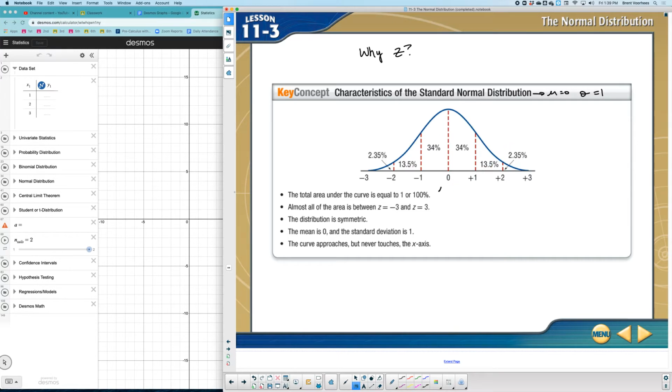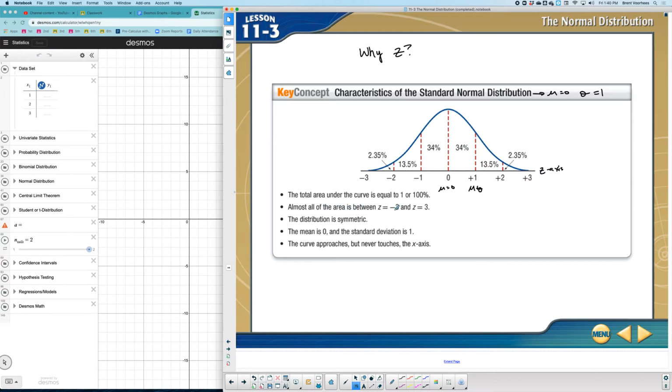And so here's a standard normal distribution. So notice the mean is 0 here. And this would be 1 standard deviation. So this would be the mean plus a standard deviation. This would be 2 standard deviations, and so on. Well, if you're using the letter z, you can use the standard normal distribution and you just put it on, let's call it the z-axis here, where each standard deviation is referred to as a z-value. So 1 standard deviation is a z-value of 1. 2 standard deviations to the right would be a z-value of 2, and left would be negatives, and so on. The same percentages apply.